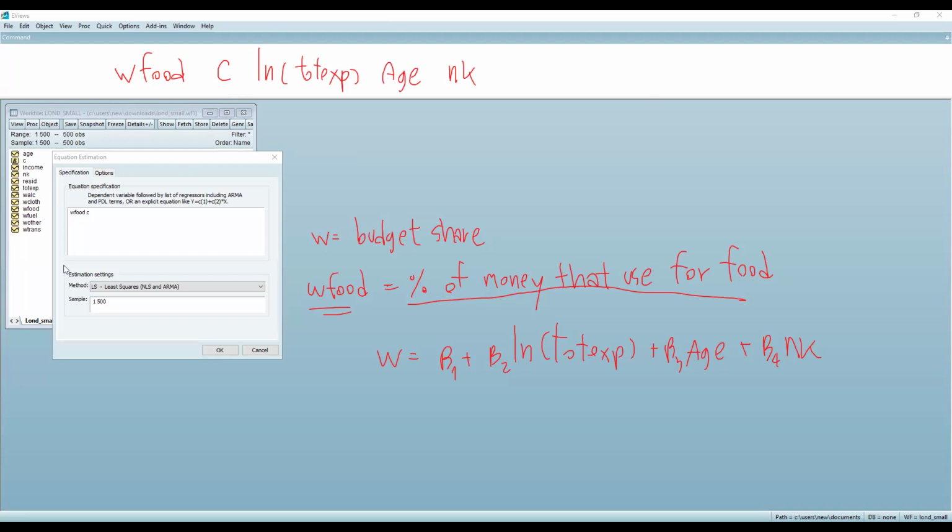So you have to write the bill food, the log of total expenditure. Okay, so you have to write log to become log. So this we must write down as log. NK.